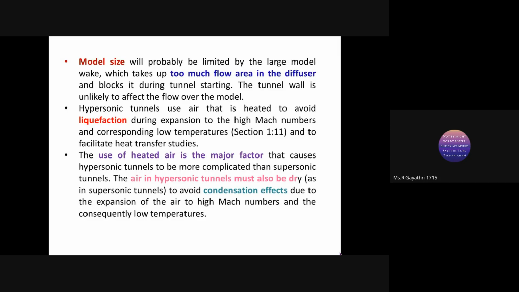In order to avoid this, we can heat the air in the hypersonic tunnel while expanding to attain higher Mach number value and the corresponding low temperatures. Higher Mach number is associated with low temperature.